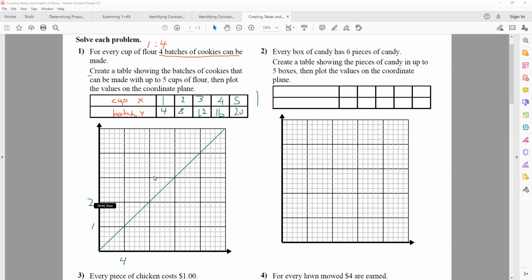Actually, I think it's the other way around. Let's see. Yeah, it's this way. Hold on, I know. So it's 1 to 4. Yep, 1 to 4, yeah. So it's going to be a lot steeper. 2 to 8, 3 to 12, and 4 to 16.